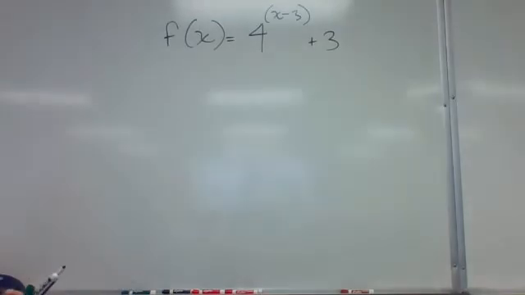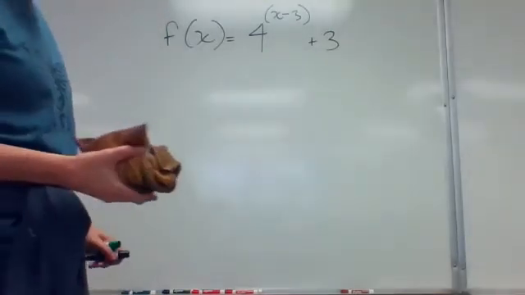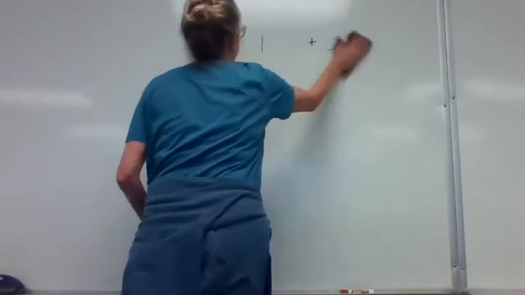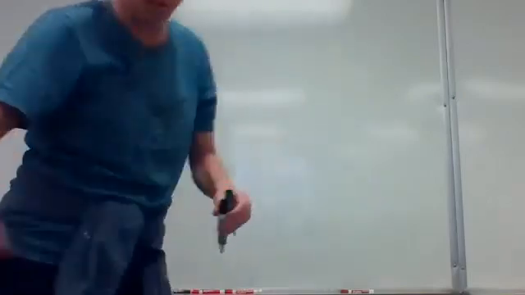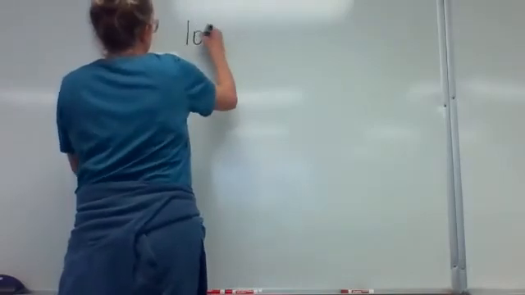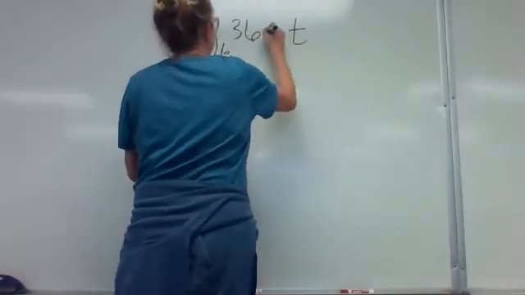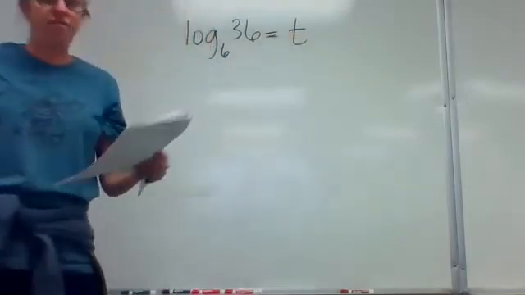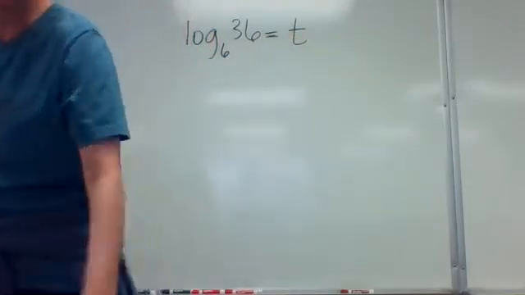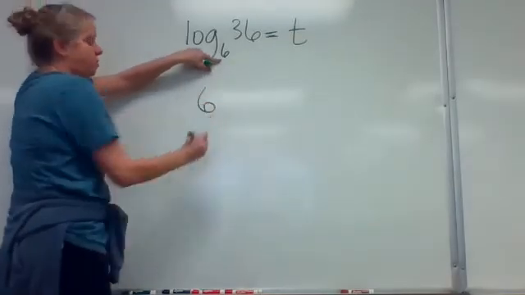Number 22 gives me a log equation and then tells me to express it as an exponential equation. So this is what we just got through covering. Log base 6 of 36 equals t. So it just wants me to convert this into an exponential equation. Remember, the base of your log is going to be where you start.